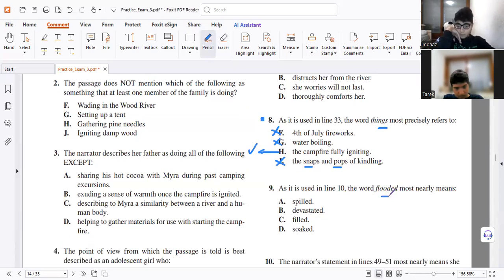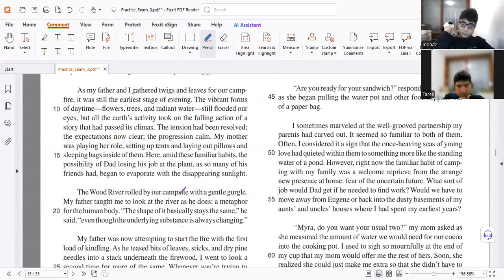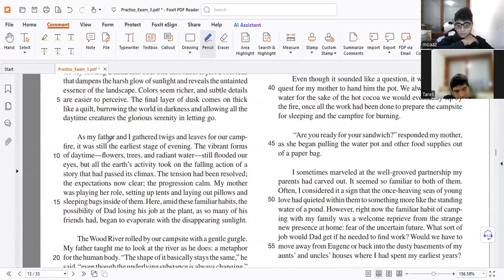But how about number 10? Here is a verb, so find the subject and object to help. So go to 10. Subject, verb.